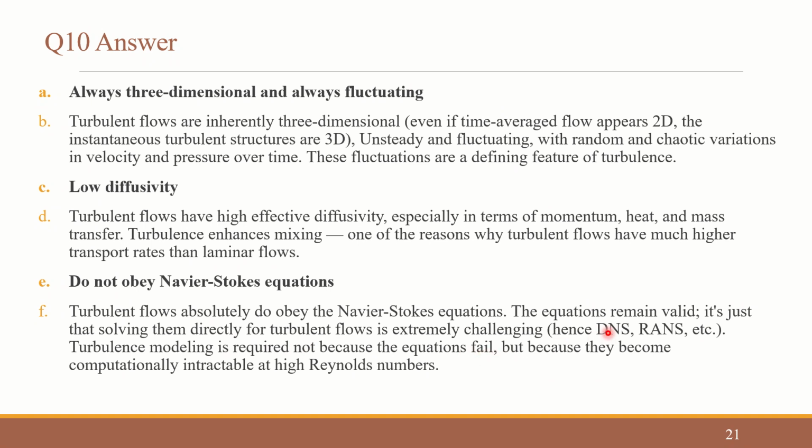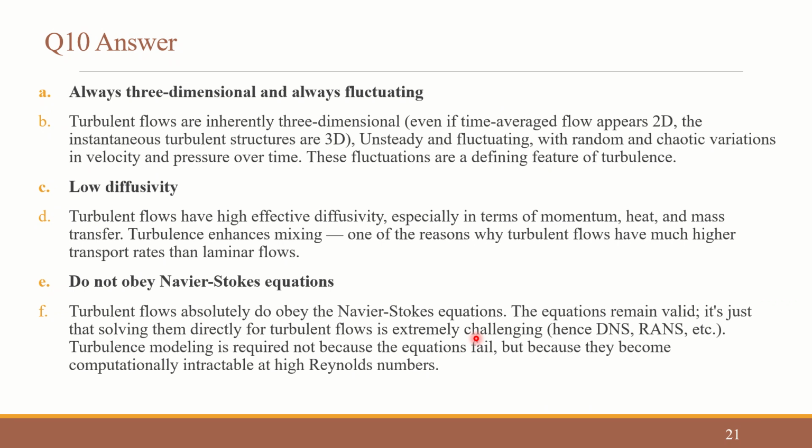Hence, we go for DNS, direct numerical simulation, and RANS, Reynolds average Navier-Stokes equation, etc. Turbulence modeling is required not because the equations fail, but because they become computationally intractable at higher Reynolds number. I hope it is clear. Turbulent flows are inherently three-dimensional problems.